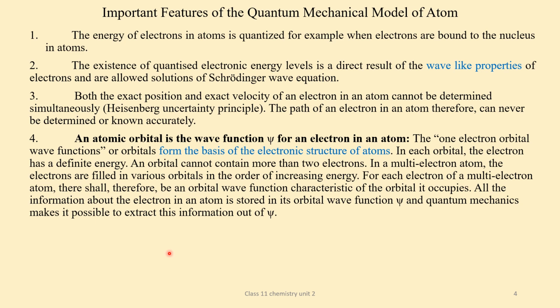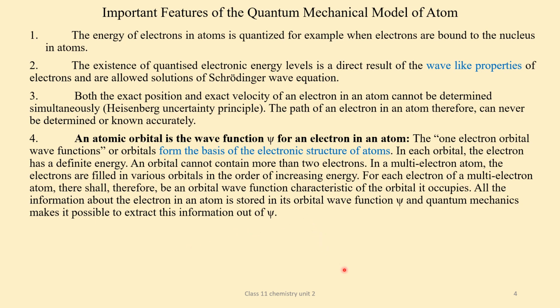Since many such wave functions are possible for an electron, there are many atomic orbitals in an atom. Thus, the one-electron orbital wave functions or orbitals form the basis of the electronic structure of atoms.